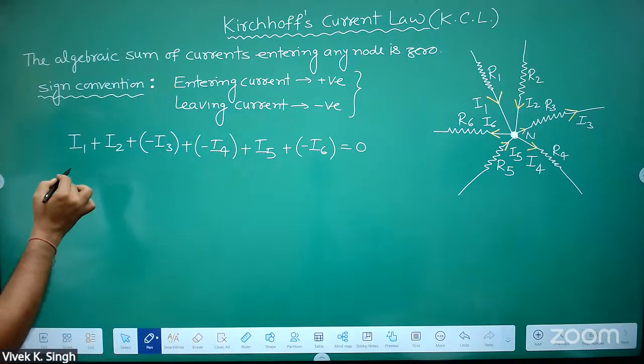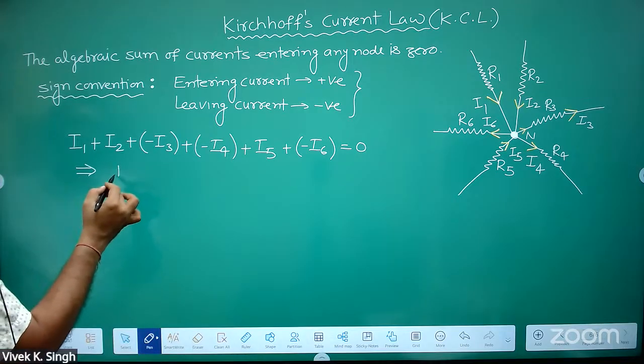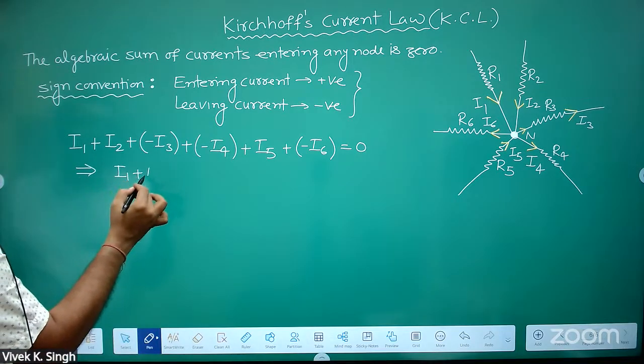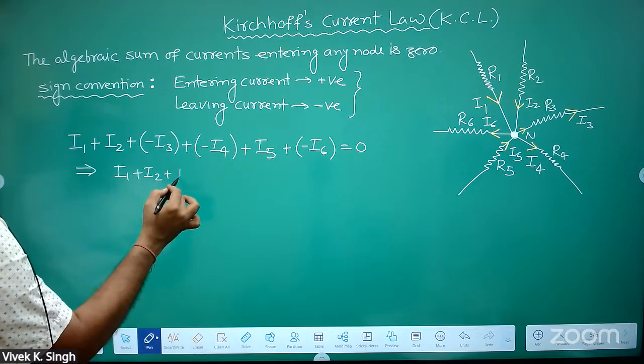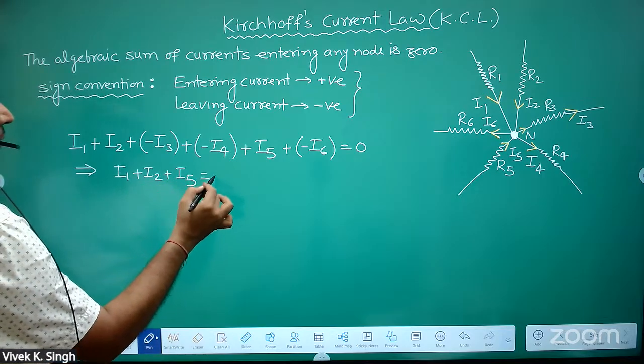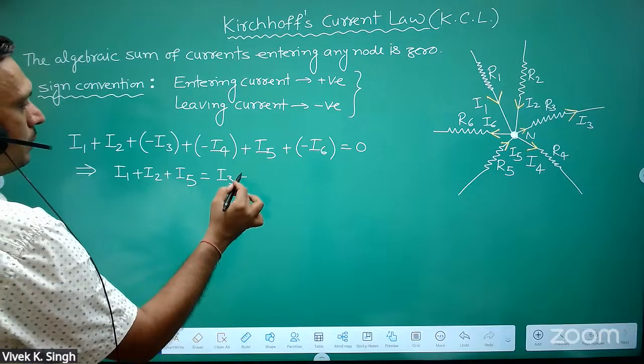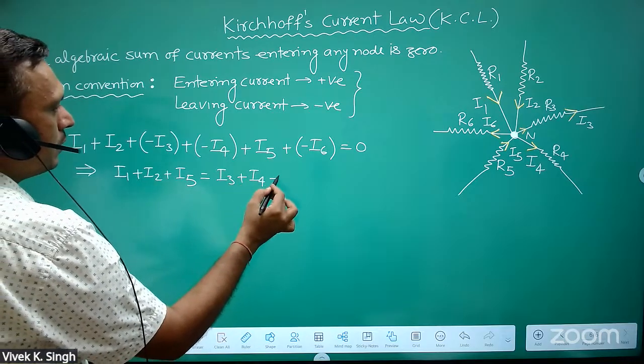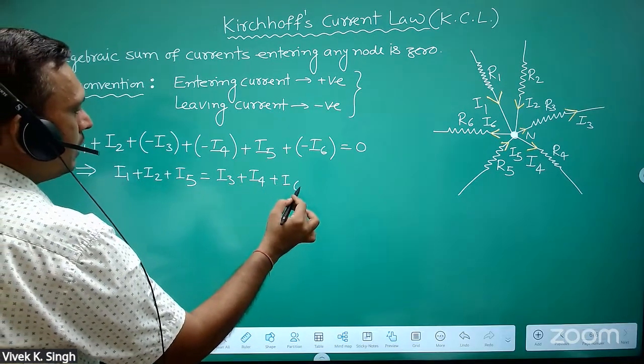Yes, sir. So this will give you I1 plus I2 plus I5. This will be equal to I3 plus I4 plus I6.